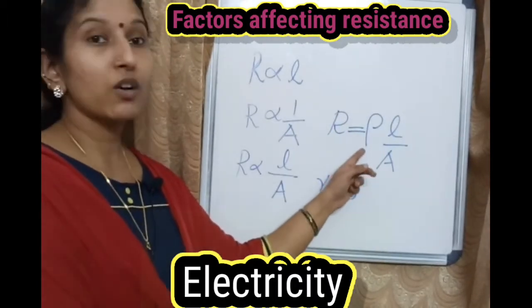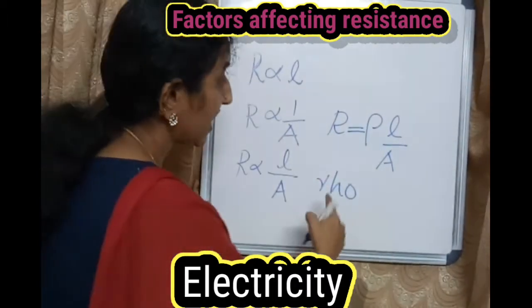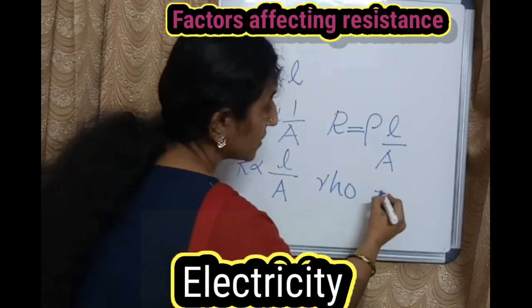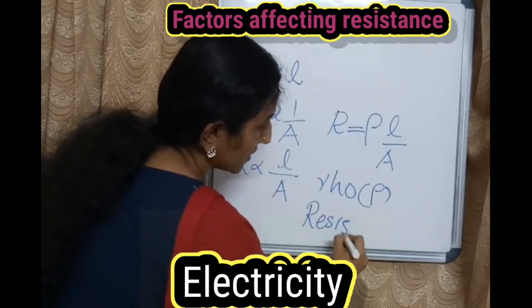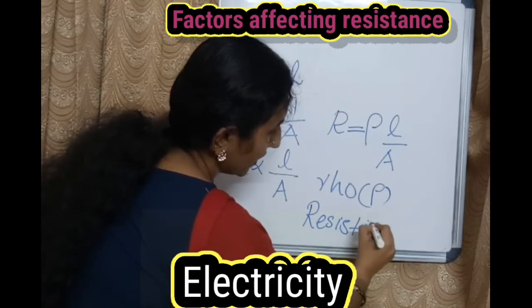This proportionality constant is resistivity. That proportionality constant is resistivity.